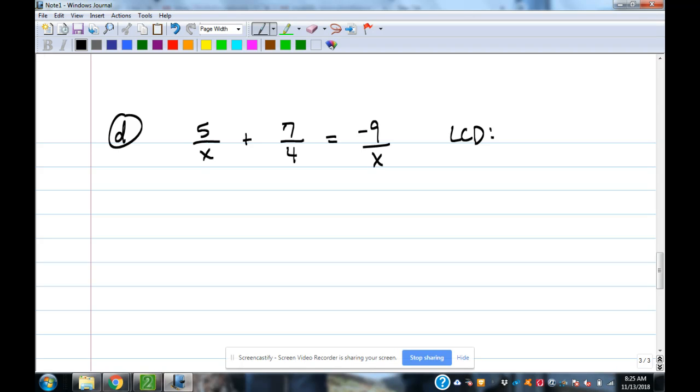So we got an x, a 4, and an x. None of those really factor, right? So there's not any factoring to do. Our common denominator would be what? 4 times x. Remember, if they don't have anything in common, you just multiply them together, and that's your common denominator. So our common denominator is going to be 4 times x.